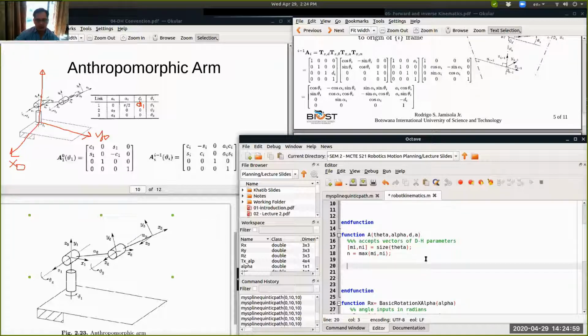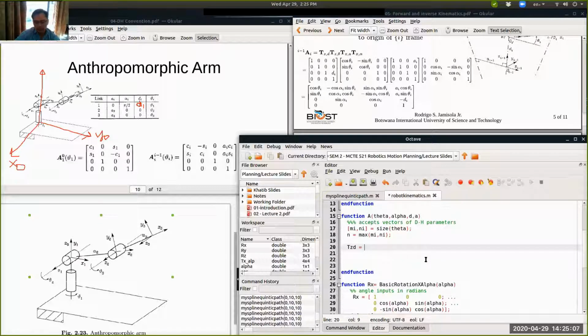So we follow the transformation matrix of TZD. What is it equal to? You input the TZD.